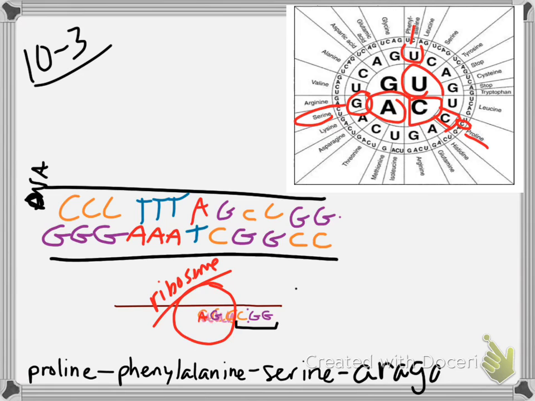Here's the thing, though. I have only seen the square one on the air test. So I want to make sure you're familiar with both of them, but, you know, arginine. There we go.